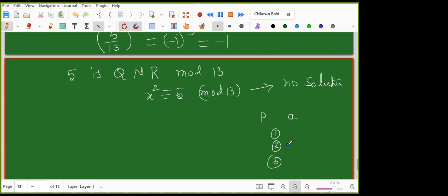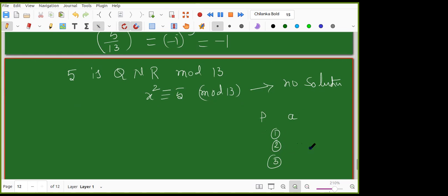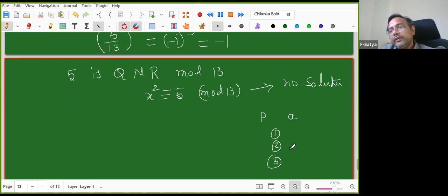Euler's criterion. Euler's criterion says to compute a to the power (p minus 1)/2, which if congruent to 1 mod p, then a is a quadratic residue, otherwise it is a quadratic non-residue. So you can write a program, a Python program.